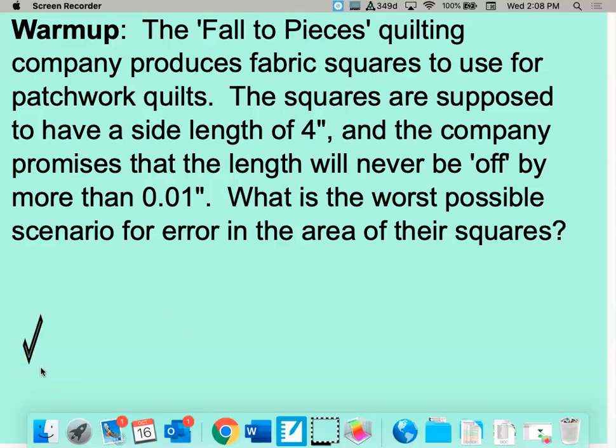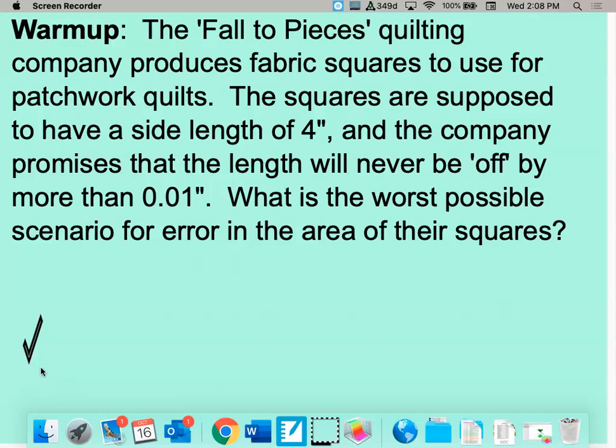So ideally, we want the area of each square to be 4 squared or 16 square inches, right? But no machine is perfect when it's cutting, especially when it's cutting something like fabric, right? It's never going to be exactly 4 by exactly 4. So there's always error when you are manufacturing something.